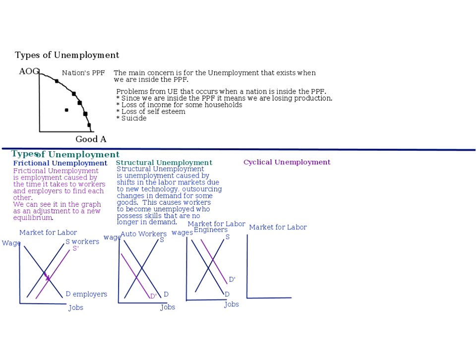Okay, so when we have a recession, for instance, and we're inside our production possibilities frontier, what we're going to see is that people become unemployed, not because the businesses are shifting or changing their production to something else or to a different location.